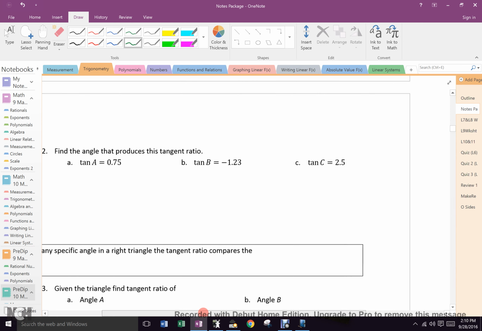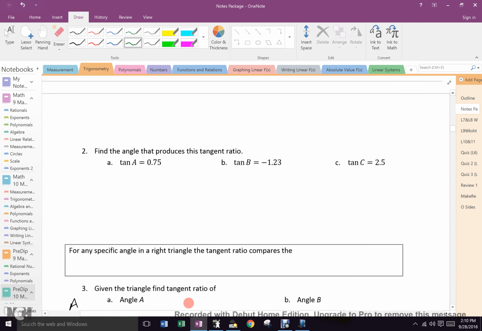And now we're going to go the other way. The question we had on the front, that was our ratio, wasn't it? But we don't know how big that angle is, do we? Your calculator can tell you.